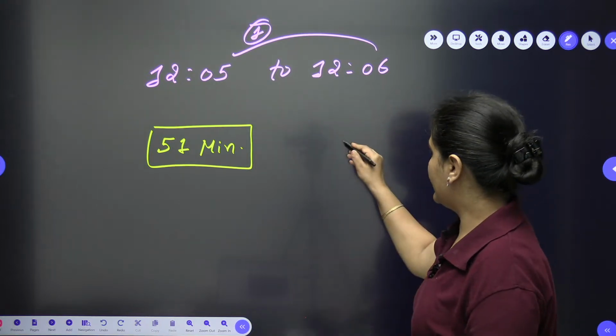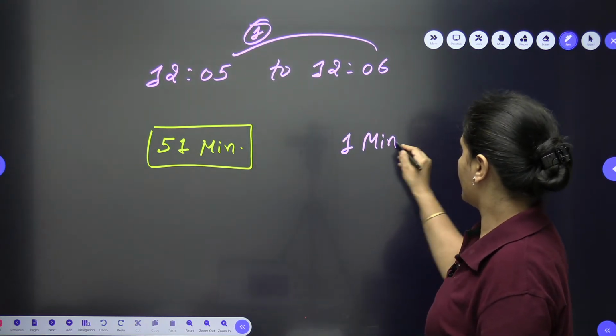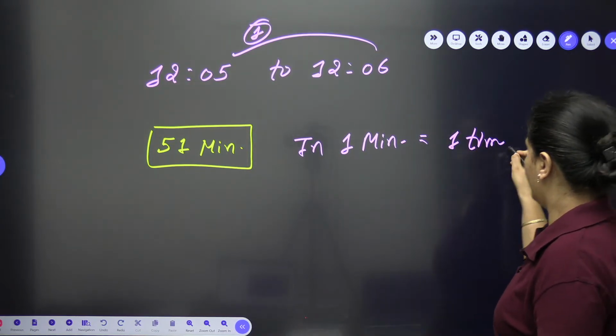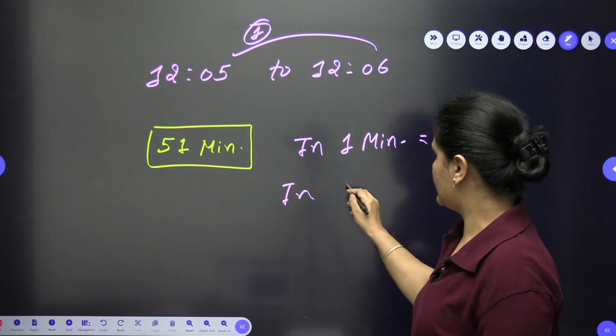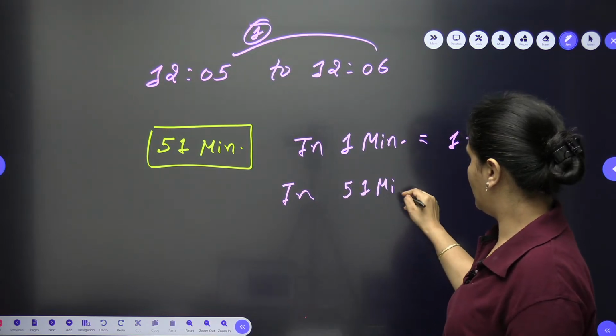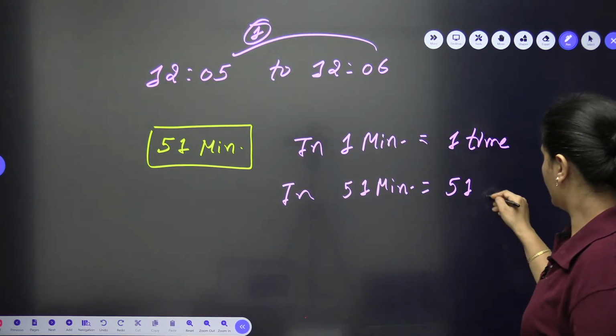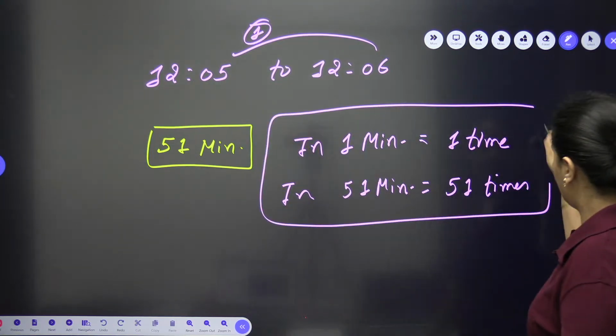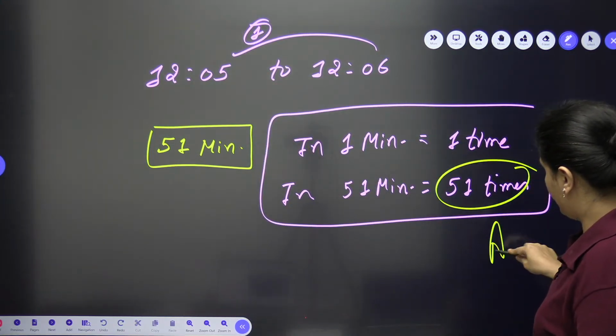So very easily we can write down, in 1 minute they coincide 1 time only. So in 51 minutes they will coincide 51 times simply.